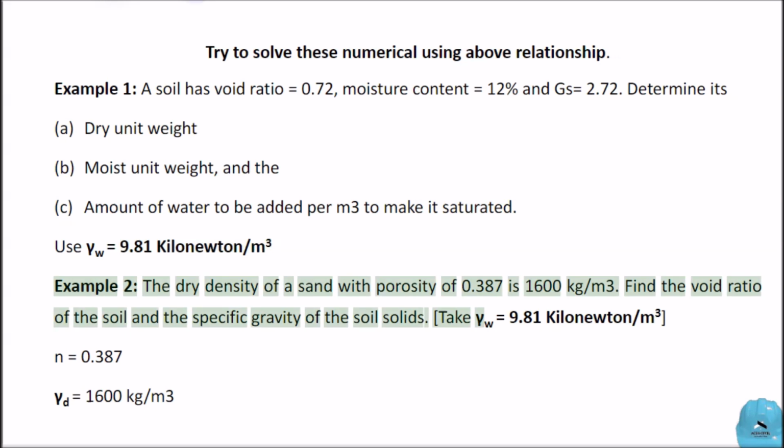Example 2. The dry density of a sand with porosity of 0.387 is 1,600 kg/m3.